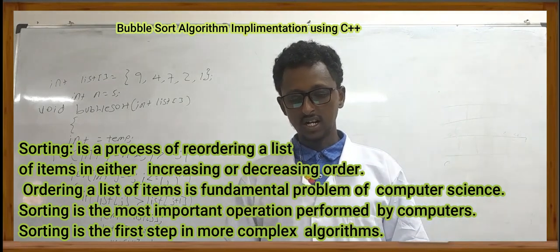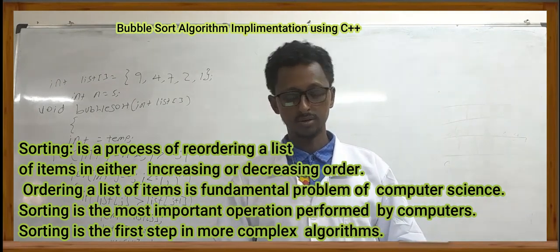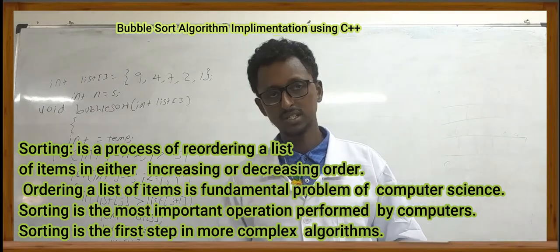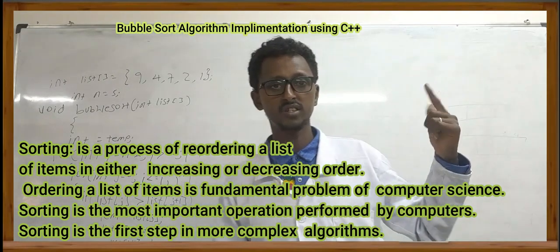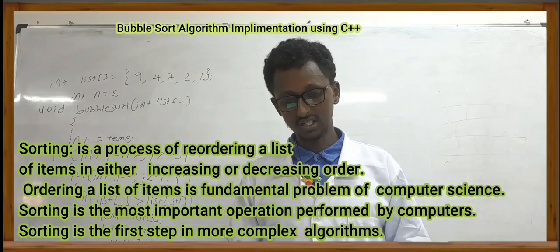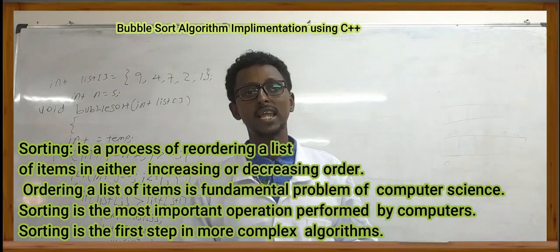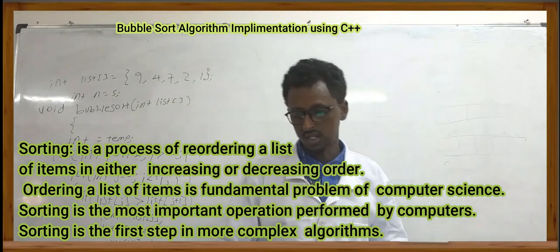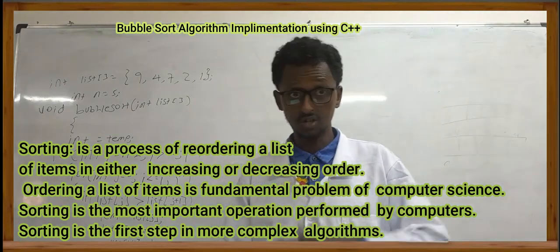We have different types of sorting algorithms, as you remember from the previous session, the simple sort algorithms. Today we will discuss in detail how bubble sort is implemented and how it works.